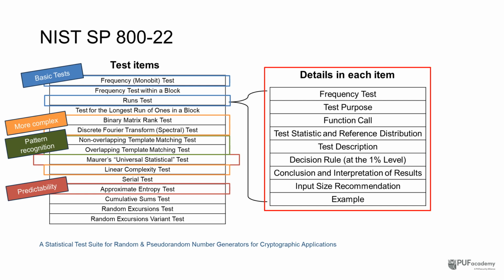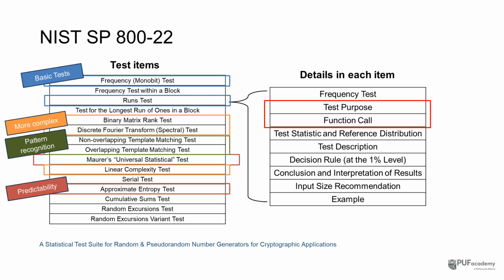For each one of these tests, the right side details the specific information provided. Every test item has a clear test purpose and specifies the function call for implementation. It defines the core mathematical components, like the test statistic and reference distribution.